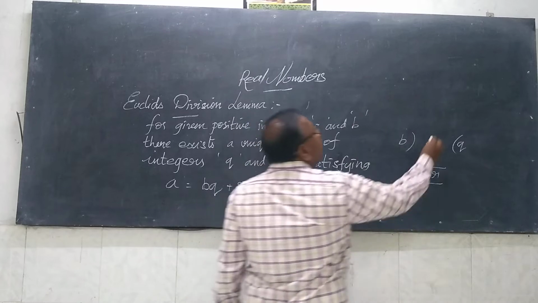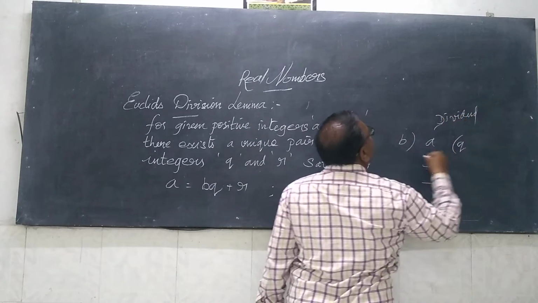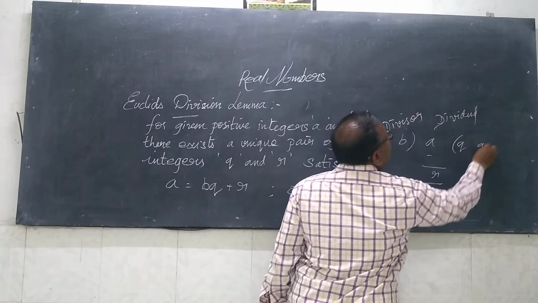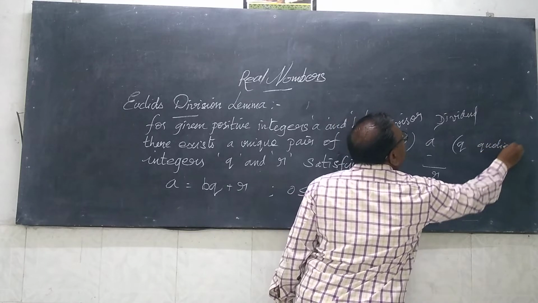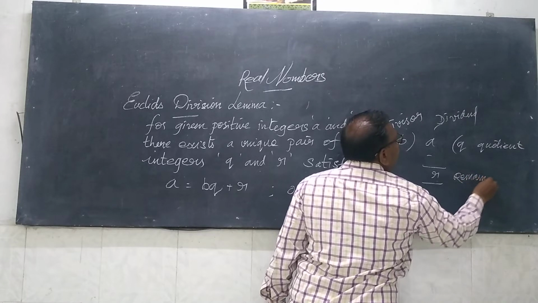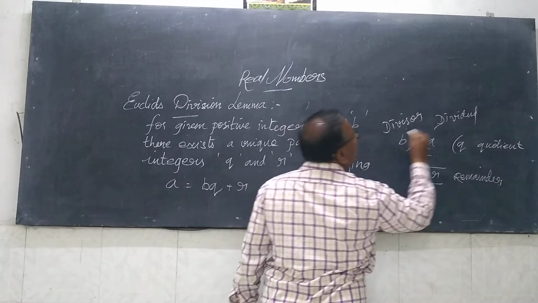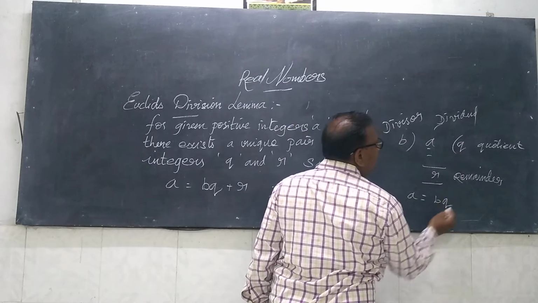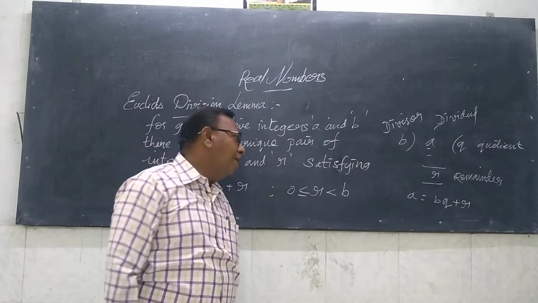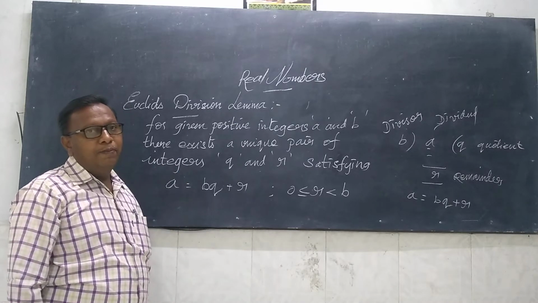This is called the dividend, this is the divisor, this is the quotient, and this is the remainder. So how do we write this? a is equal to b into q plus the remainder r. This is how we can remember Euclid's division lemma.